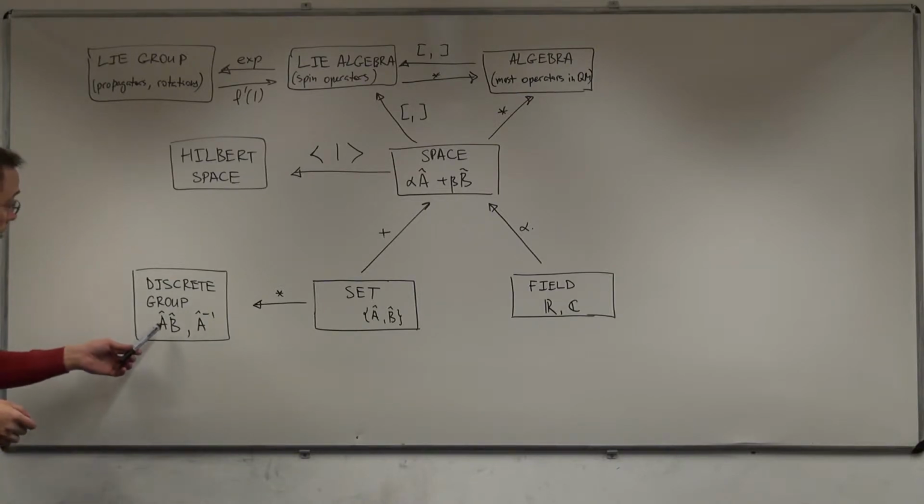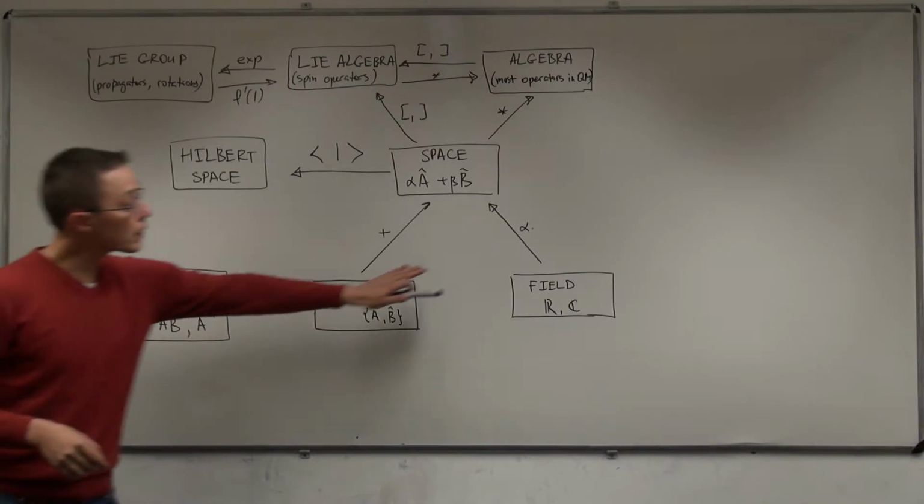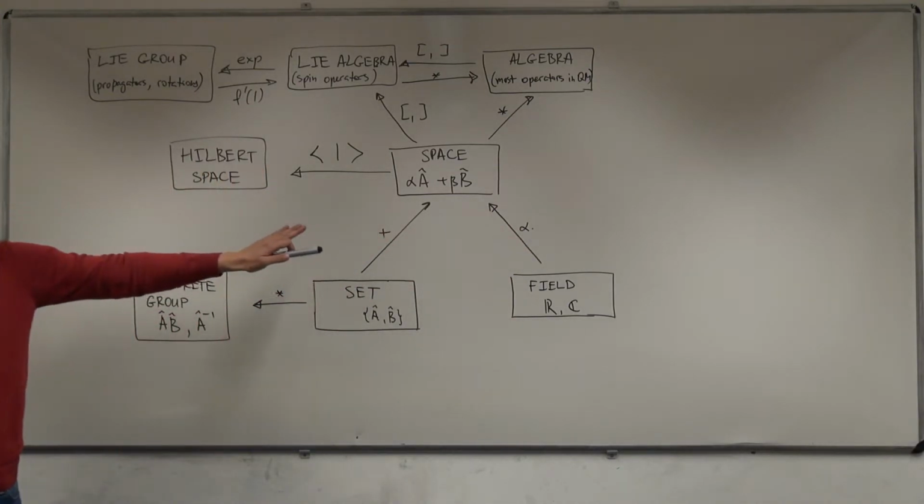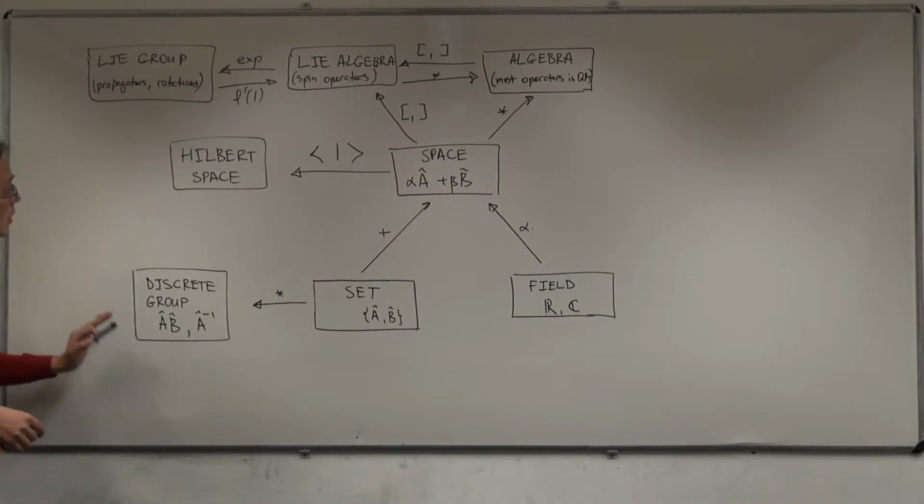What's important is the set must be closed under the product and there should be a unique inverse. As you notice here, there's no multiplication by a scalar and there is no addition. So group in that sense is something that's quite different from spaces.